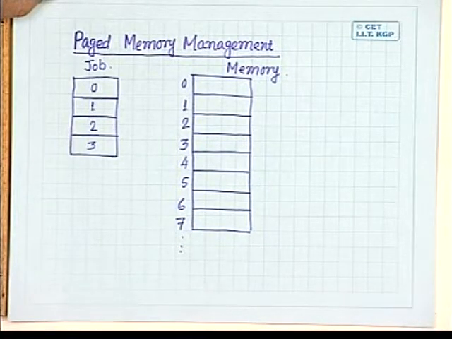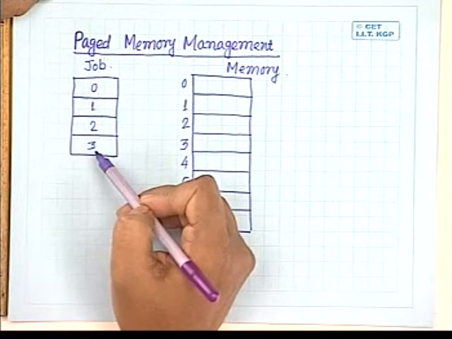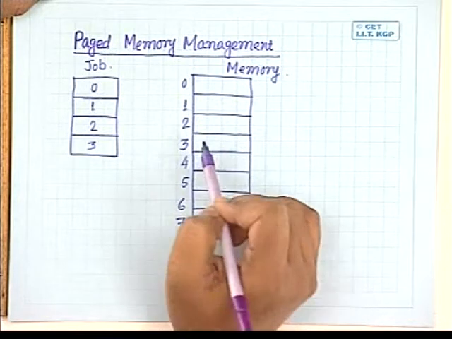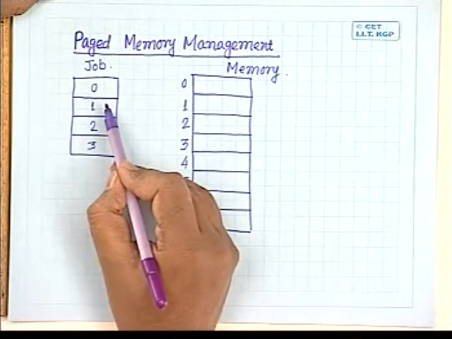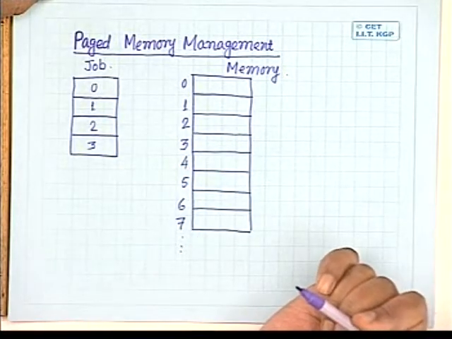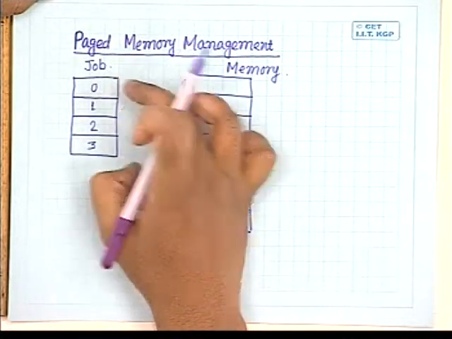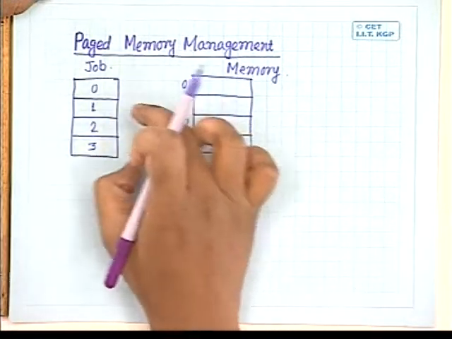Now, because I have divided the job into a number of pages, I have divided the memory into a number of frames, and the page size is the same as the frame size, it is always possible to fit any of these pages into any of the frames. Unlike in the previous case, where this entire logical space has to be fitted into the main memory in contiguous memory locations, now it is no more required.